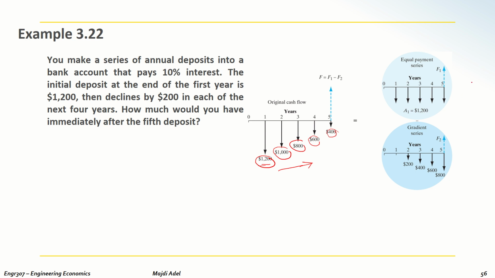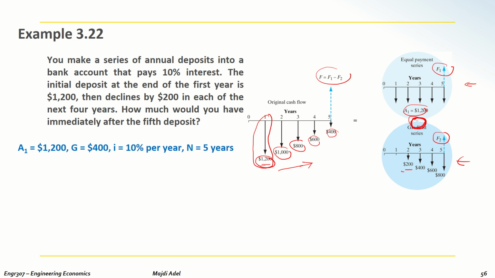So I'm going to split it to two parts, a uniform part, and the annuity is the same as A1, $1,200, a gradient part with G equal to 200, and I will put a minus sign because it is a decreasing cash flow. So the future value of this cash flow is F1 of the uniform minus F2 of the gradient part.